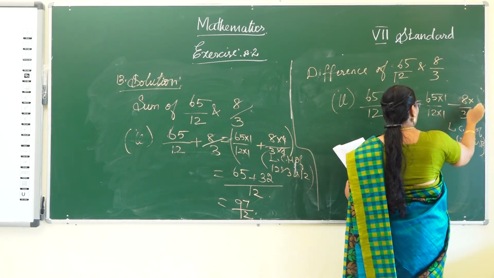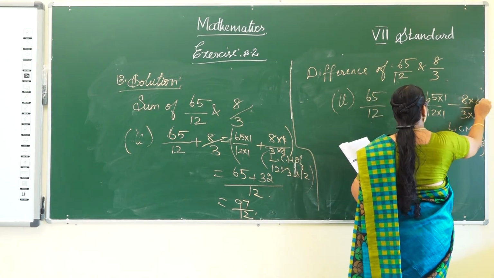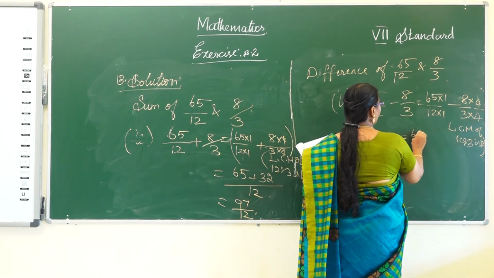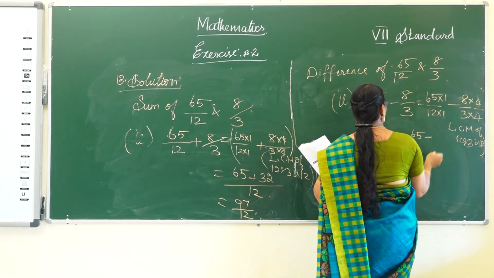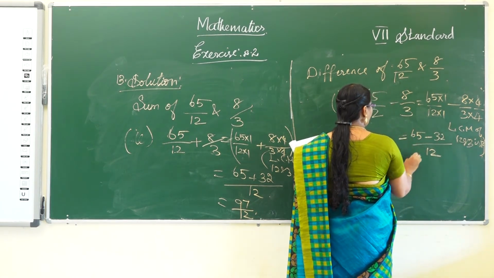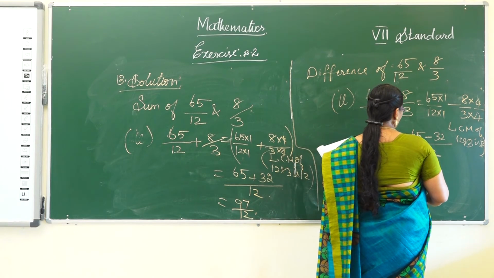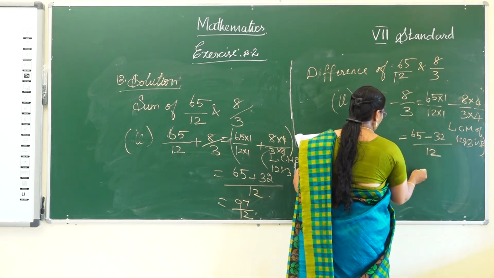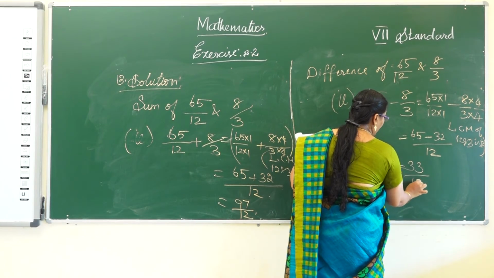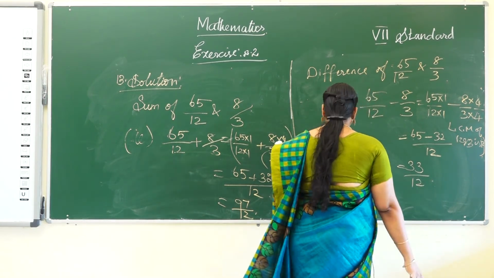The denominator and numerator are multiplied by which number? 4. Okay, so 65 minus 8 fours are 32, by 12. Now subtracting 65 minus 32, we get 5 minus 2 is 3, 6 minus 3 is 3, so 33 by 12.